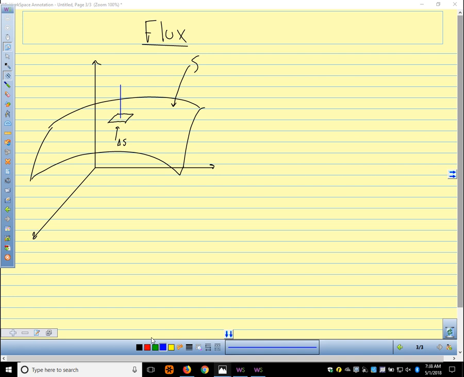I'm going to say that's our unit normal vector, n. And then we have a vector field, which I'll do in green, and we'll call that F. Just for the sake of having some kind of physical interpretation here, imagine that F is a velocity field.